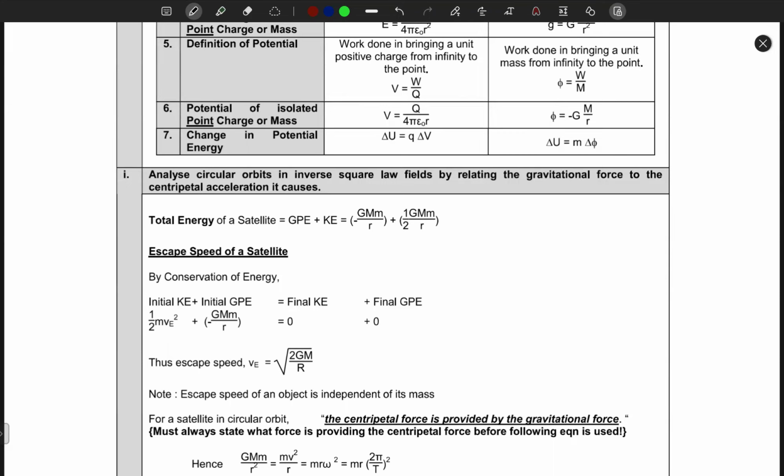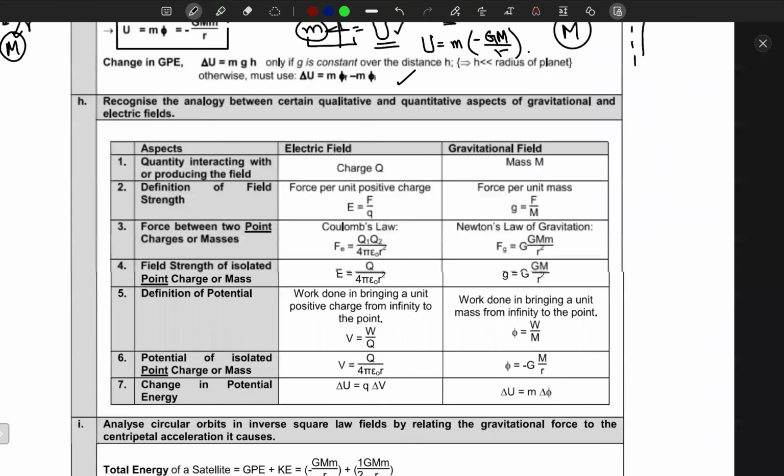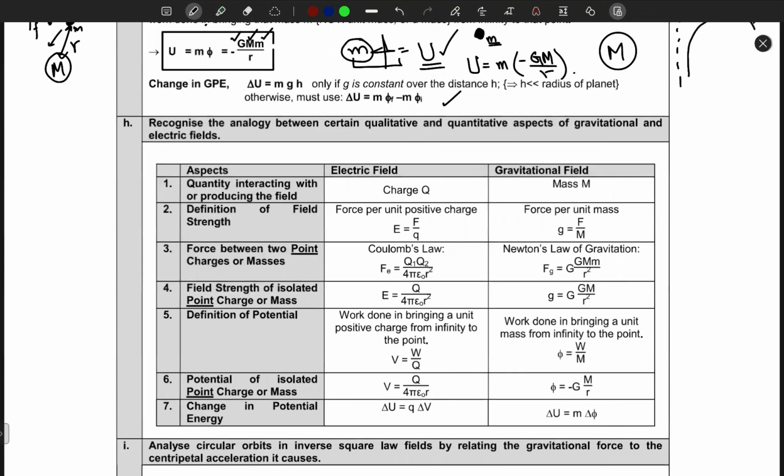Okay, so I'll assume that no one has any question at the moment. Sir, the electric field formula, do we have to learn this, or will it come in the formula sheet? Some of these formulas that you see over here are given in the formula sheet as well.